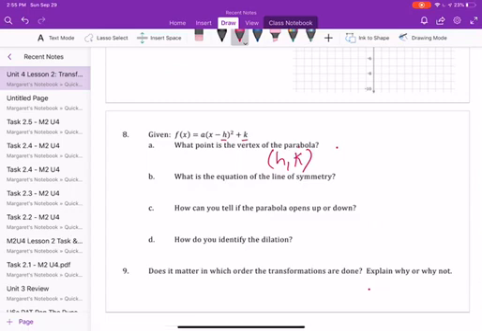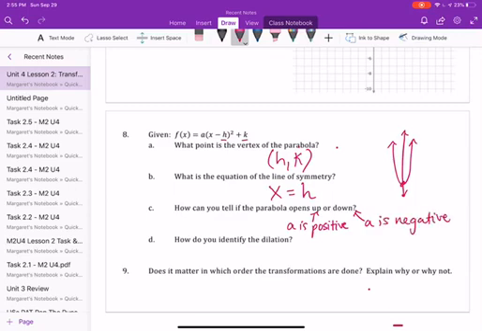The equation of the line of symmetry, we know, goes through the vertex and is a vertical line, and so it has to be x equals whatever number is in that h location. We've talked about how the parabola opens up or down based on the a being negative or positive. So when a is positive, it opens up, and when a is negative, it opens down.